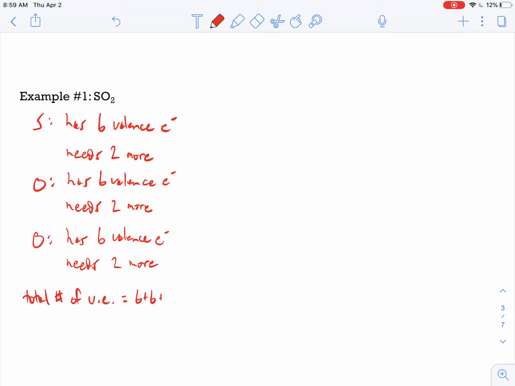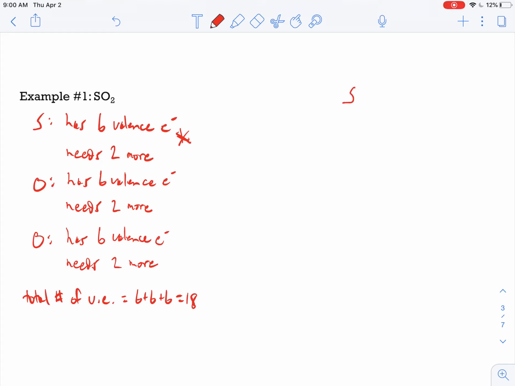We're going to have 6 plus 6 plus 6 for a total of 18. So in this case, each of our atoms needs 2 additional valence electrons to complete the octet rule. We're going to go ahead and put sulfur in the middle just for the sake of having a little bit of symmetry here.